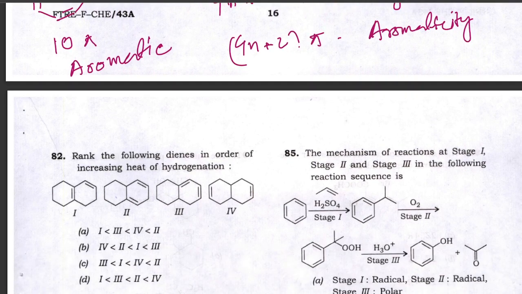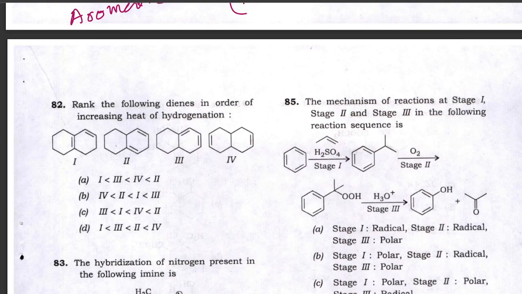Now move to the next question, 82. Rank the following dienes in order of increasing heat of hydrogenation. We know that heat of hydrogenation is the enthalpy change when a compound reacts with an excess of hydrogen to become fully saturated, so the end product for these 3 molecules is the same.